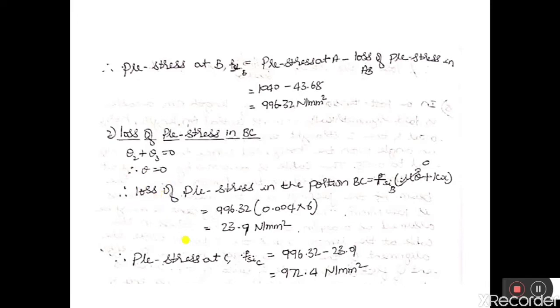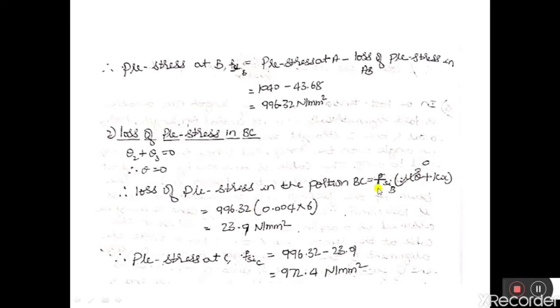So the loss of prestress in the portion BC is equal to F psi B, the initial prestress available at the joint B, into (mu theta plus Kx). Mu theta is 0 because theta is 0, so this term vanishes.